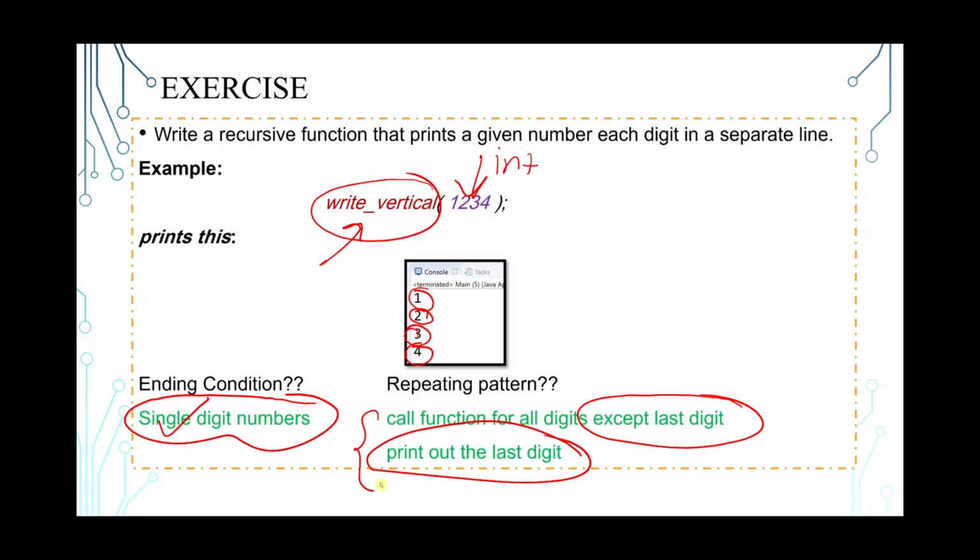So you call the function for all digits except the last digit, because the single digit is going to be your stopping condition in there, right? And you print out the last digit. Pause the video, think about it, and come back, see how easy you can do that.